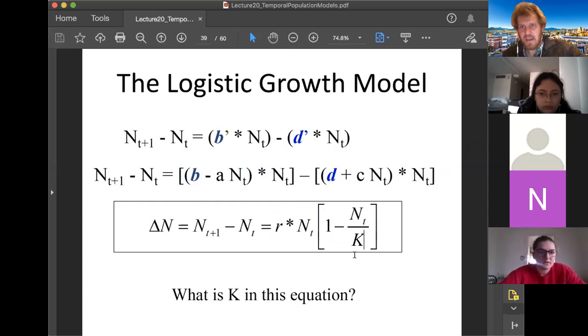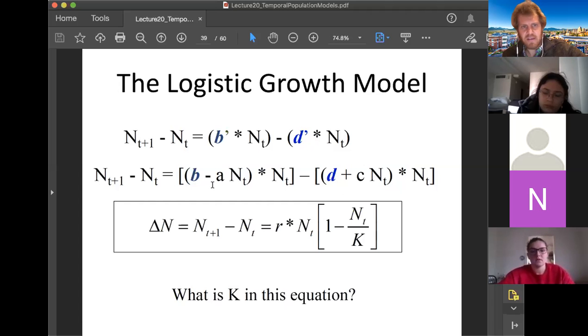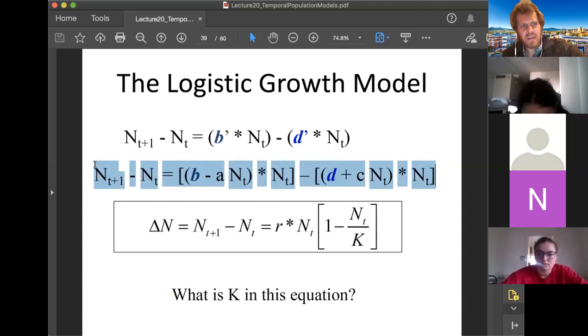So the question is, as a self-evaluation, could you do the algebra here to figure out what K is? K, as you know from the logistic growth model, represents carrying capacity. But what does K mean in terms of little b, b prime, d prime? You know, what are the values that go into K? K is a substitution for something here.